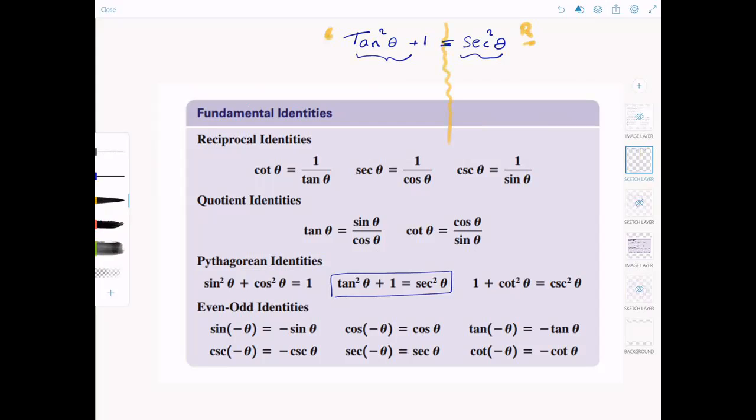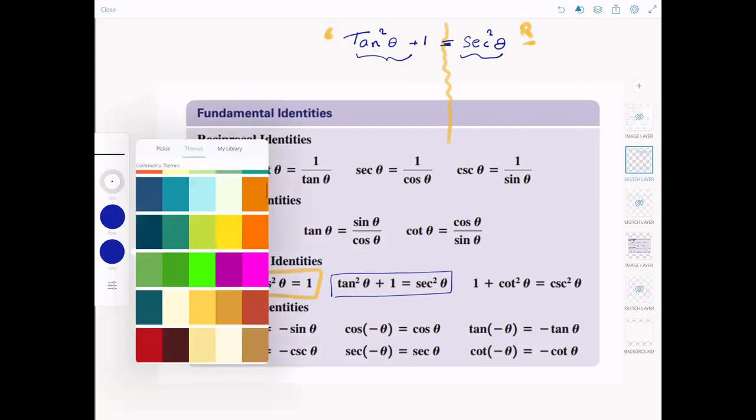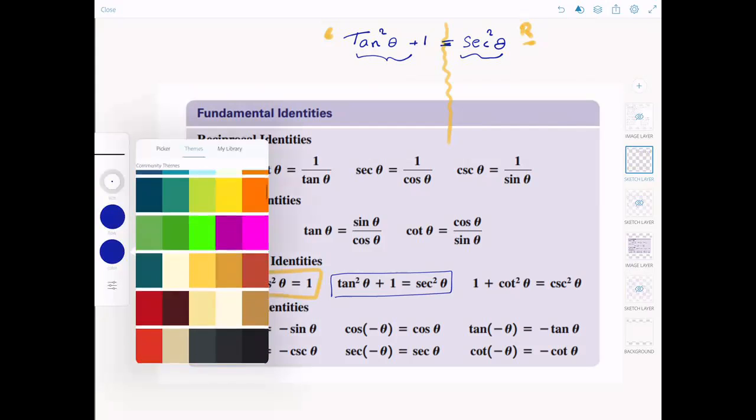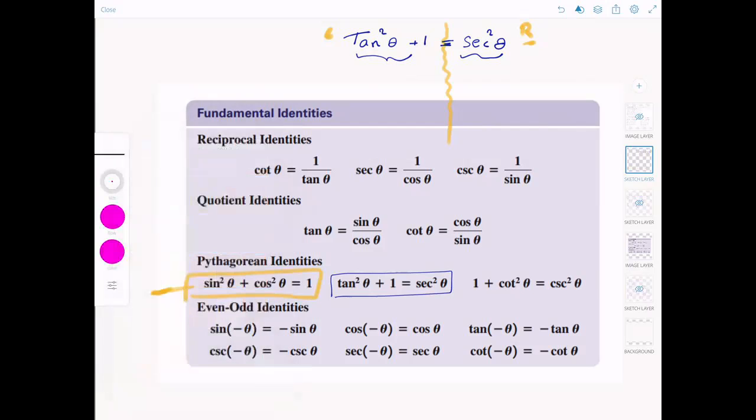But the way I'm going to prove it, I'm going to use this one, the beautiful formula here. So I'm going to write it down in a different color, this beautiful, shiny color.